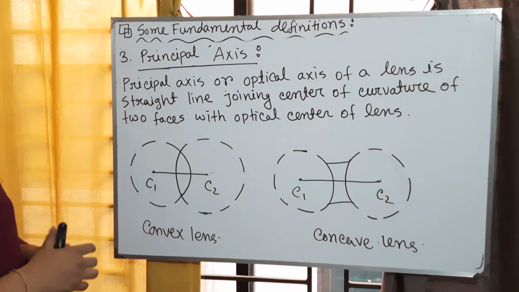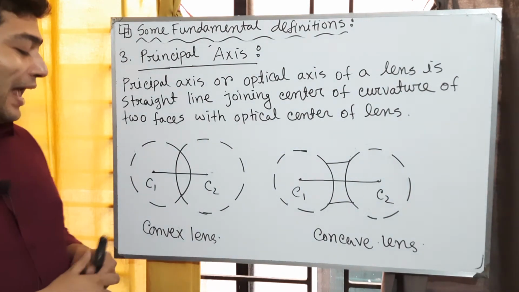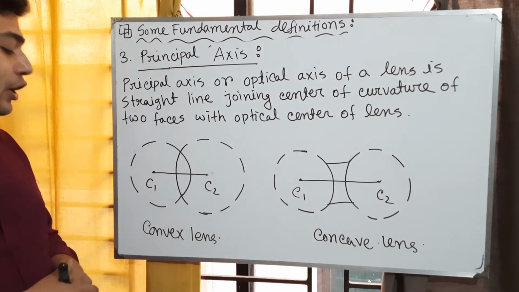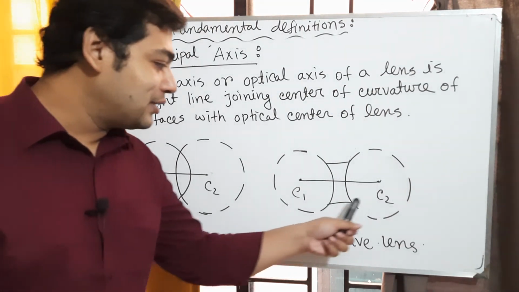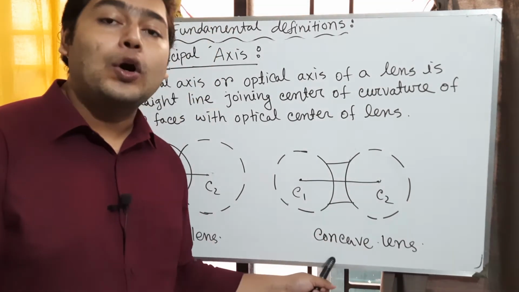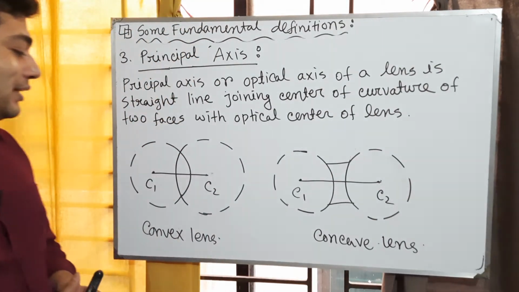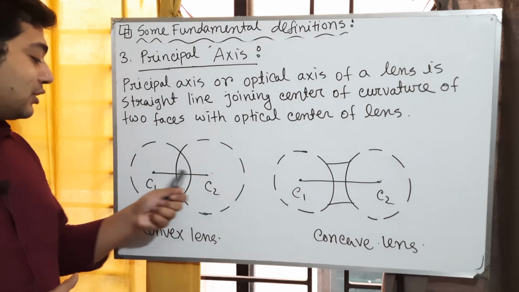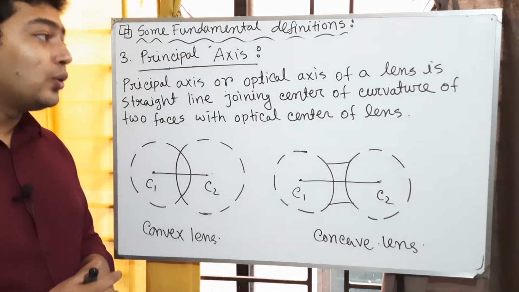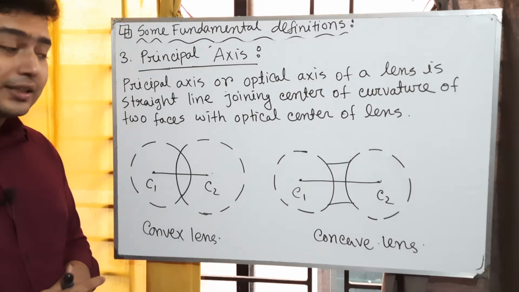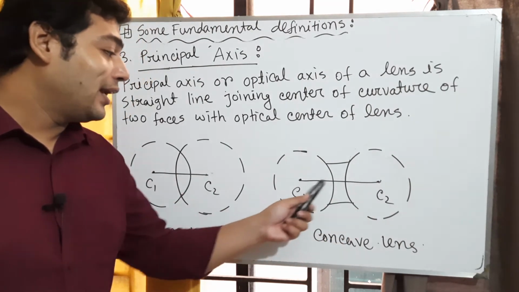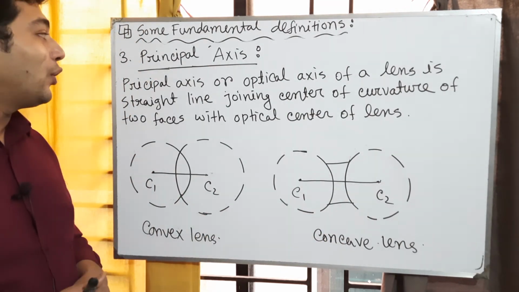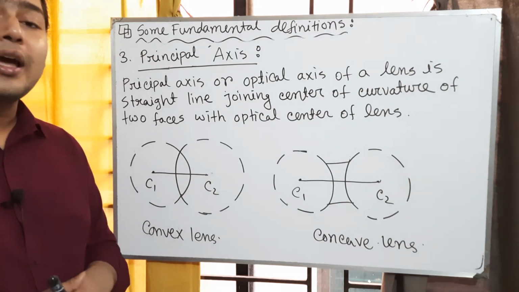In our previous topic we saw that we have two centers of curvature, C1 and C2, for the convex lens, and C1 and C2 for the concave lens. The line joining these two centers of curvature is known as the principal axis.